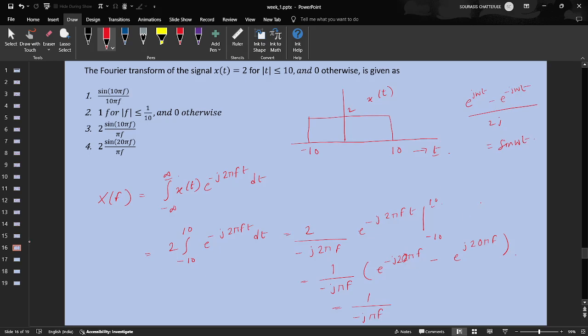So we replace it here, and what we obtain is minus 2j sine 20 pi f. Am I correct here? Yes, correct. The minus minus and j cancel, so we are left with 2 sine 20 pi f divided by pi f.